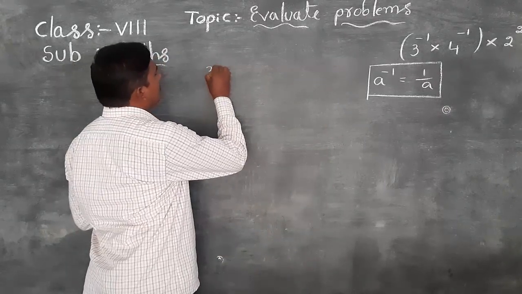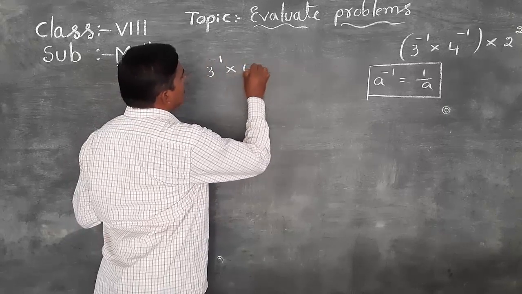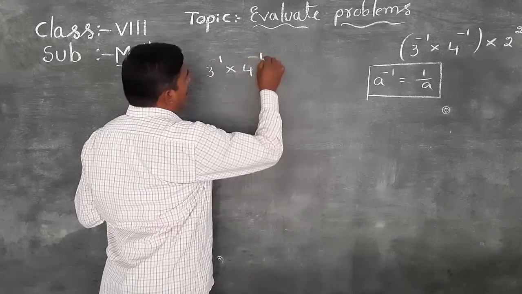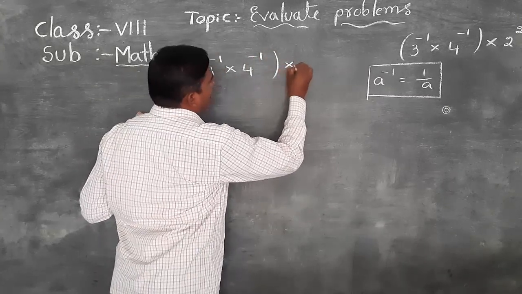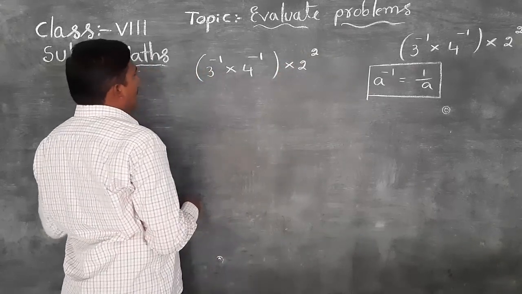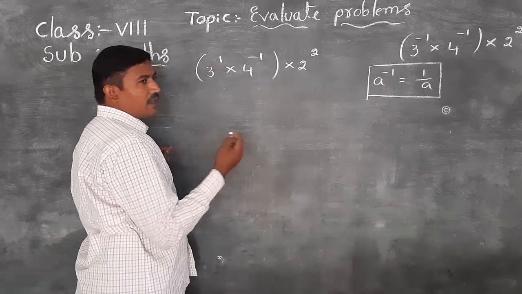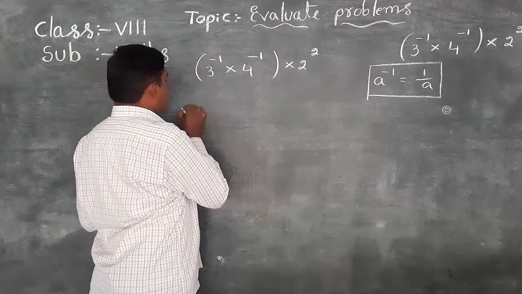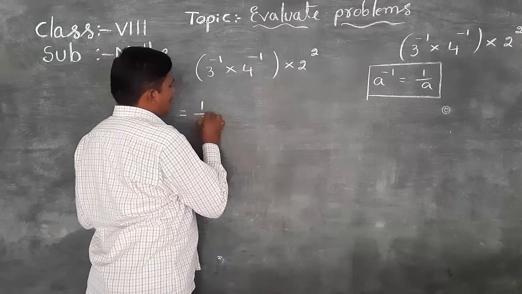3 inverse into 4 inverse into 2 square. 3 inverse means, like this formula only, A inverse is equal to 1 by A. Same like that only, it is equal to 1 by 3.